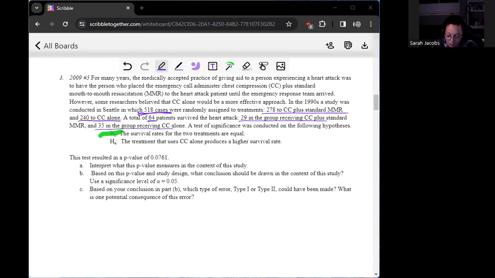The null is that the survival rates for the two treatments are equal, and the alternative is the treatment that uses chest compressions alone produces a higher survival rate. So I'm going to say that p for chest compressions is greater than the proportion for chest compressions and MMR. And then the null symbolically would be that they are equal.